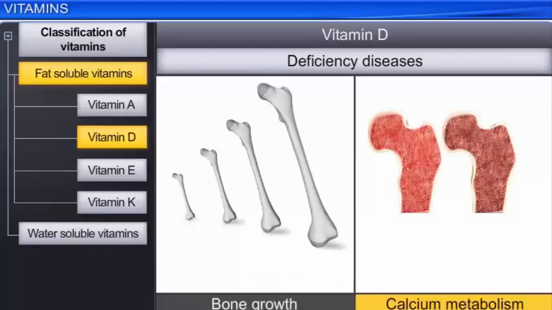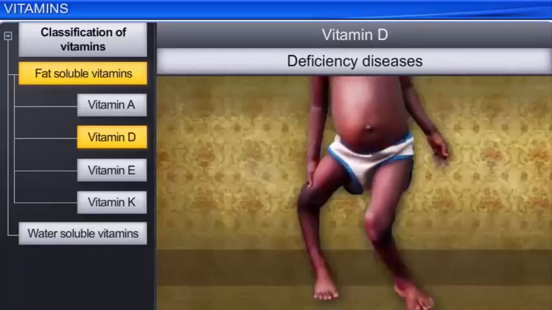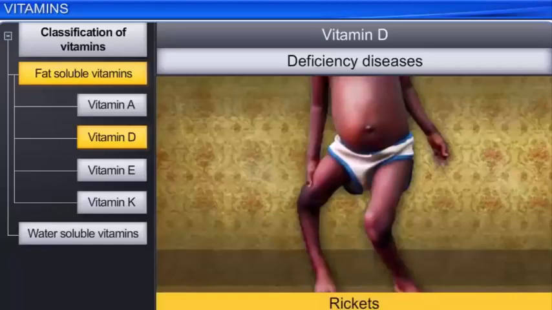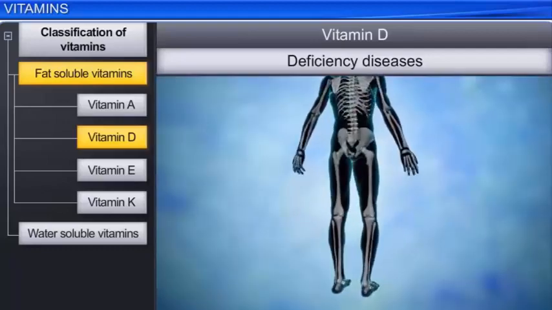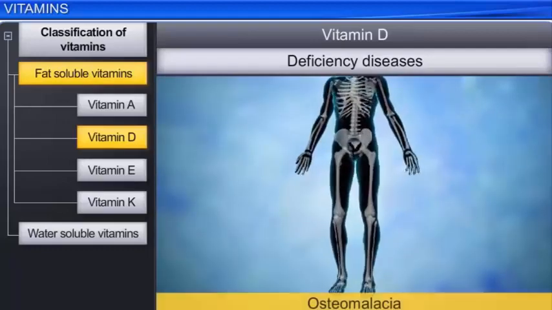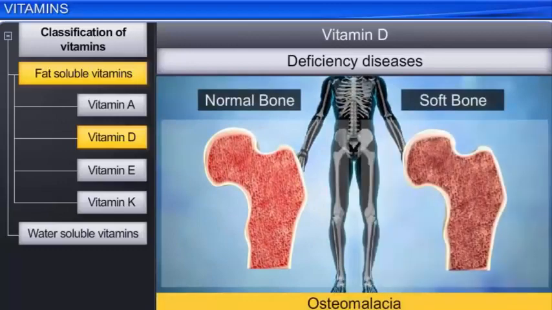Vitamin D deficiency leads to rickets, that is, bone deformities in children, including soft and weaker bones. In adults, this is called osteomalacia, characterized by soft bones and joint pains.